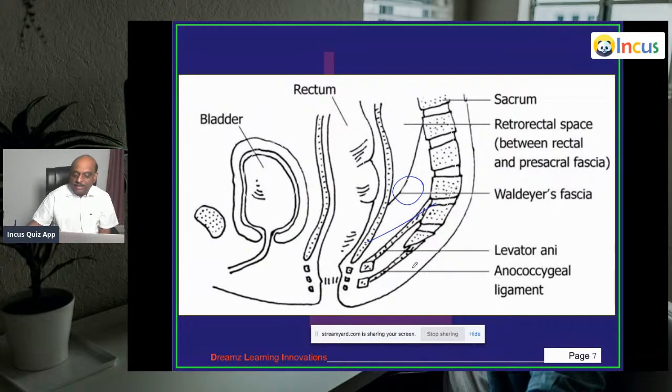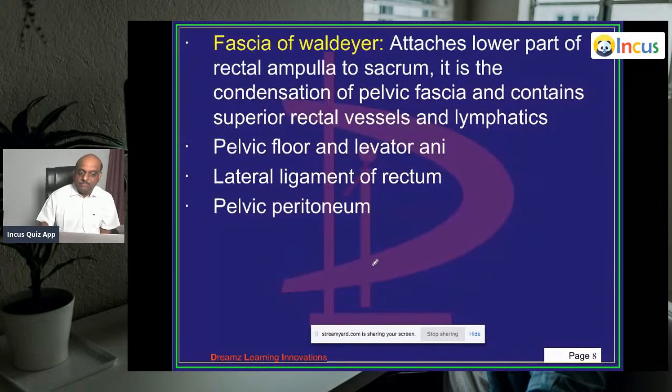This is the levator ani, the anococcygeal ligament. So you need to have a 3-dimensional perspective and view of the rectum and surrounding areas.